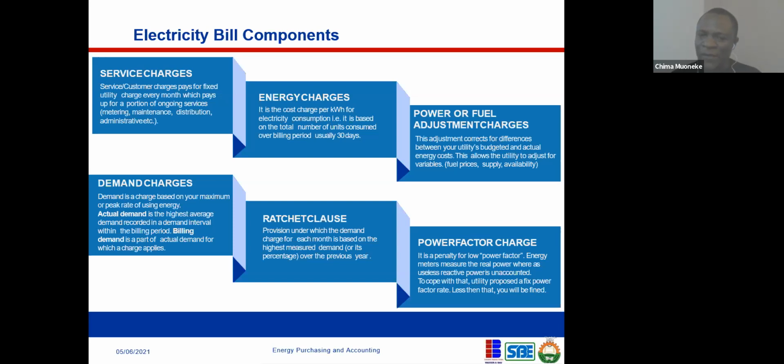And once it affects the power factor, the utility company would be losing money. So they don't want to lose money on their infrastructure. They want you to make sure that you have a good power factor in your consumption. That's why they introduce this charge here. So if you have a poor power factor, they will charge you for it. We will see an example of this in subsequent slides.